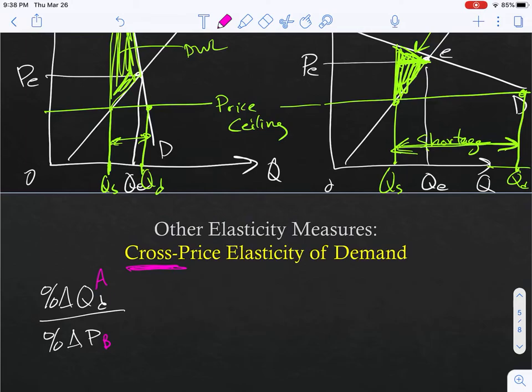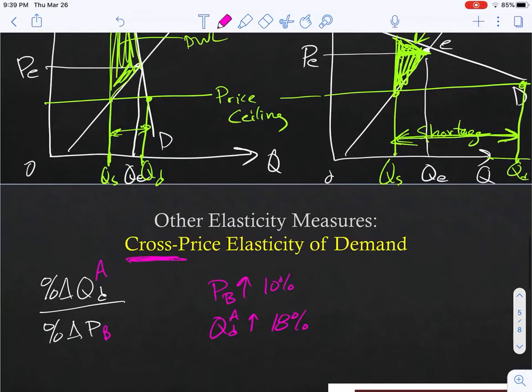So if the price of B goes up 10% and the quantity demanded of good A goes up, let's say 18%, what is the cross price elasticity of demand?